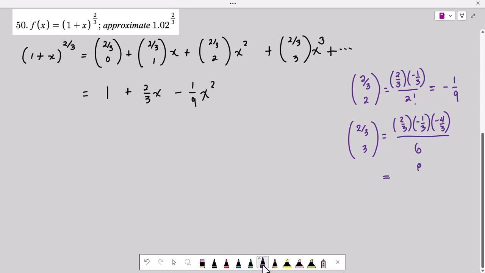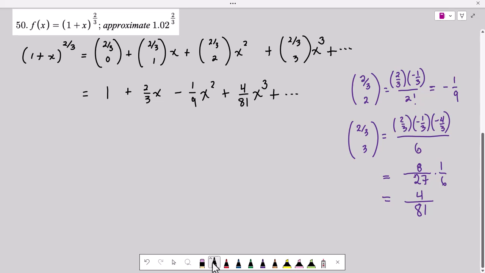So I'm seeing 8 in the numerator divided by 27, times 1 over 6. I think we can only cancel a 2. So cancel a 2 in the numerator, and then we have 27 times 3. So there's our next coefficient: plus 4 divided by 81 times x cubed, plus etc.